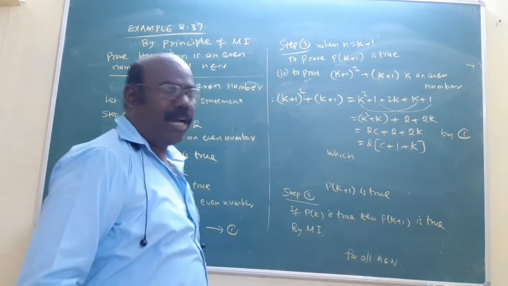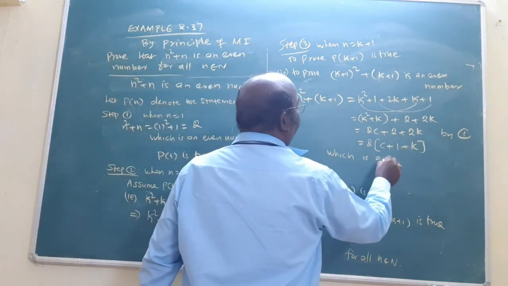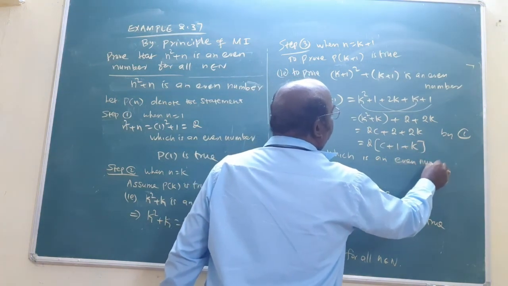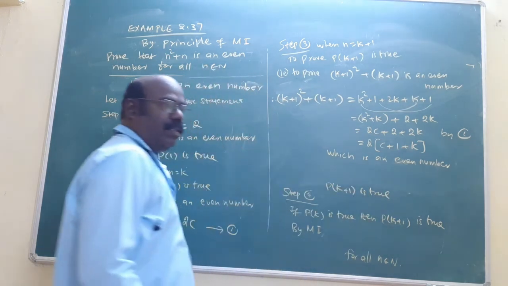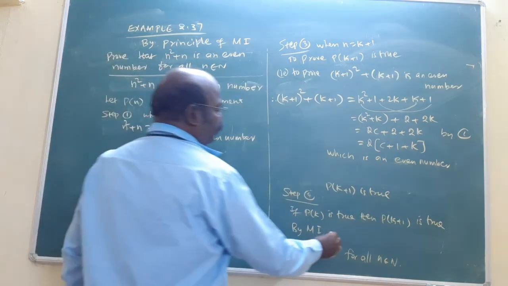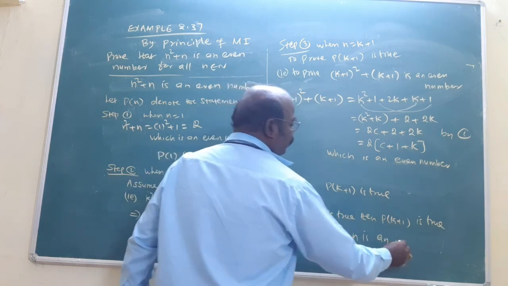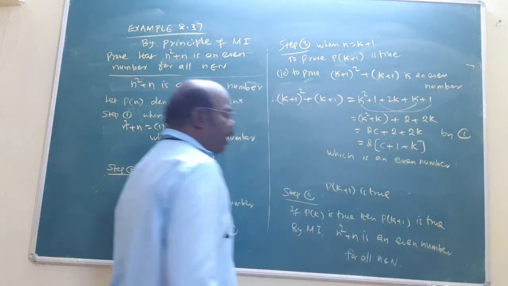Need not take 2 as common; we need 2 into something, meaning which is an even number. That is therefore P of k plus 1 is true. Am I right? Write the conclusion. That's all. n square plus n is an even number for all n belonging to natural numbers.